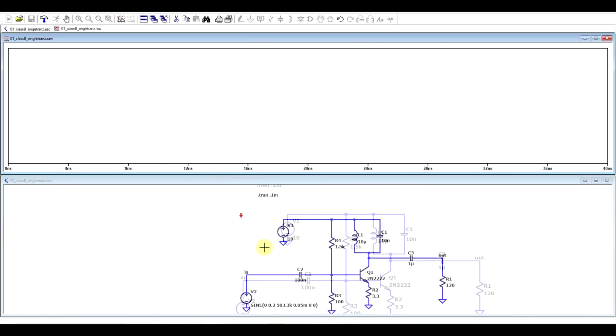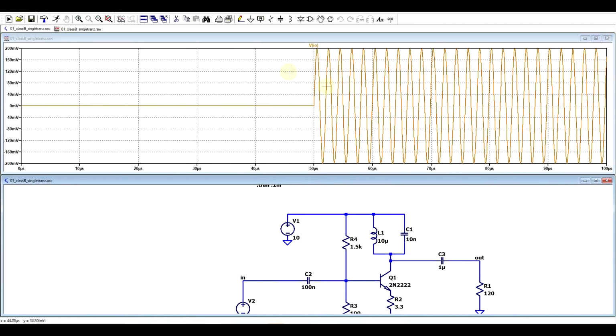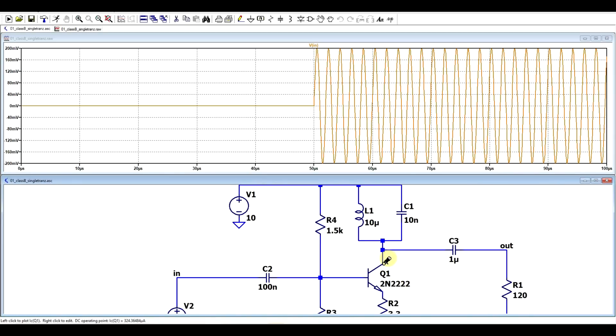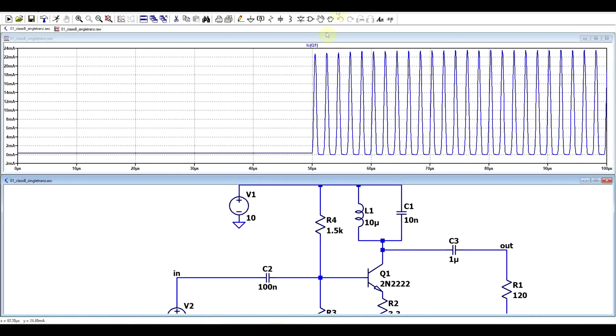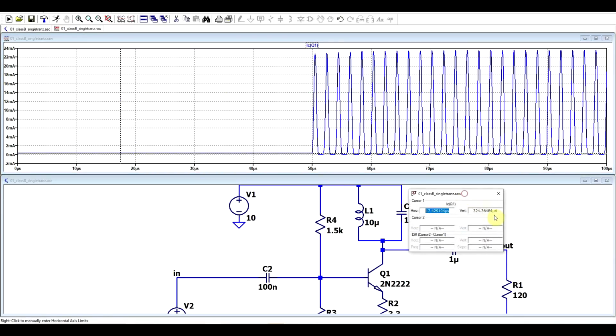So if we run the circuit and we look at the input signal, we can see that it stays low for a while and then the input signal appears. And I've done this specifically to look at the current running through the transistor. So if we check the collector current, in the period when there was no input signal, it was at a very low level, so 300 something microamps in this case.